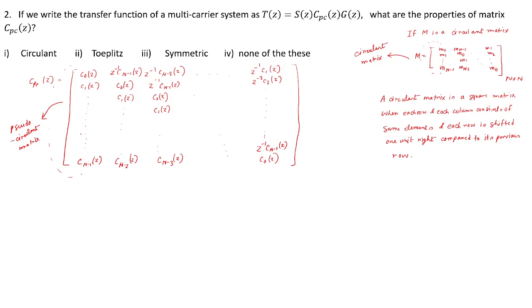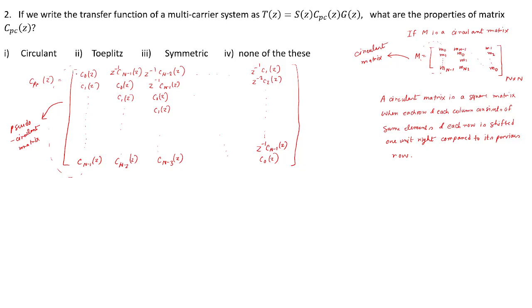Only thing that makes it pseudo circulant is the introduction of the z inverse term here. Because once you include the z inverse term, you can see the definition of circulant matrix, that each row has the same elements, is violated.